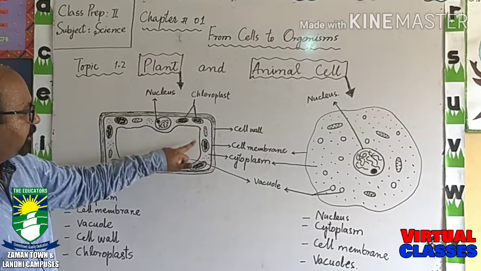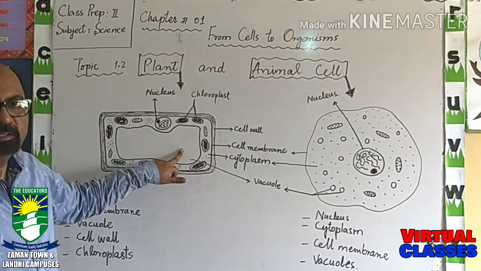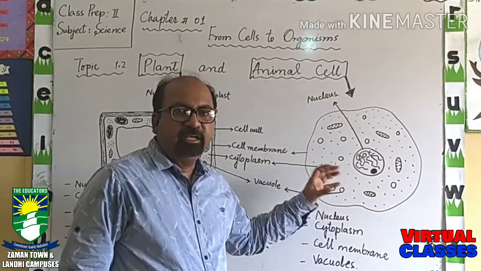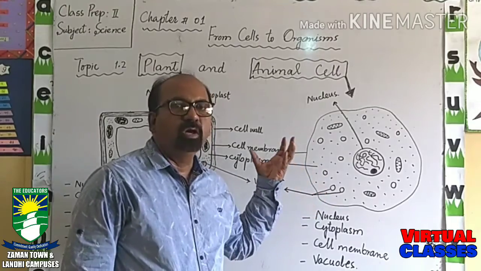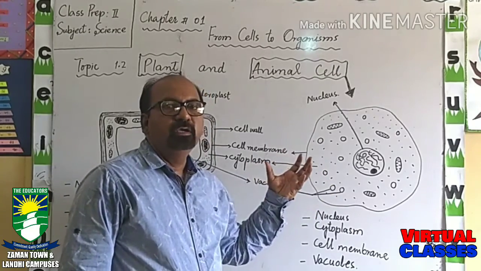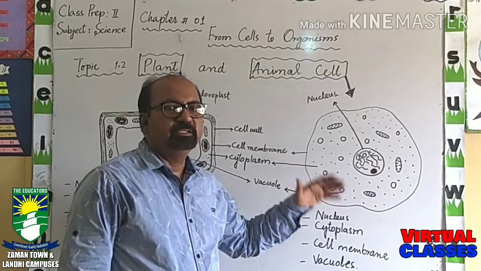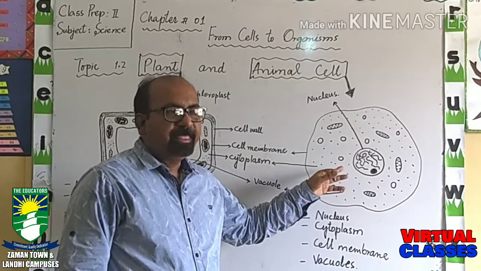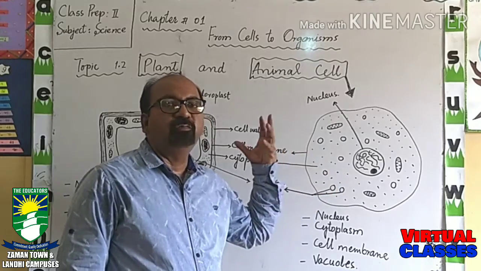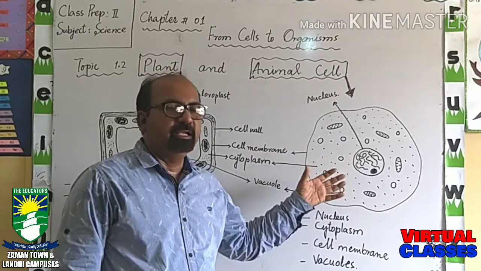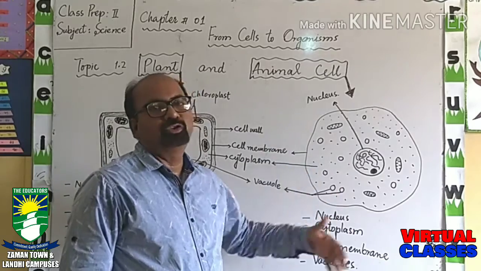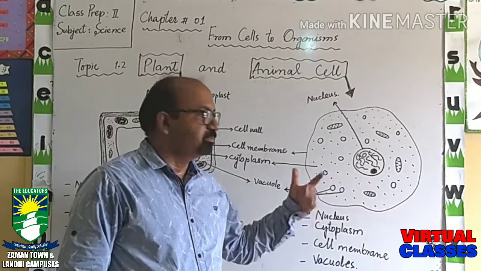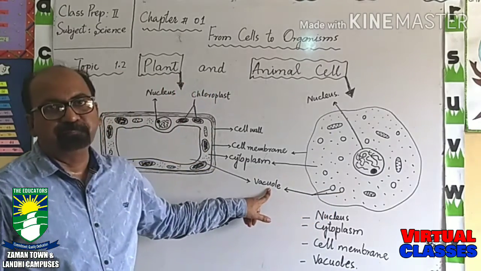In the plant cell, they control water, minerals and sugar, but in the animal cell, vacuoles control the water level, control the food which is taken by the cell, and also the waste material produced in different activities is controlled and expelled out by the vacuoles.